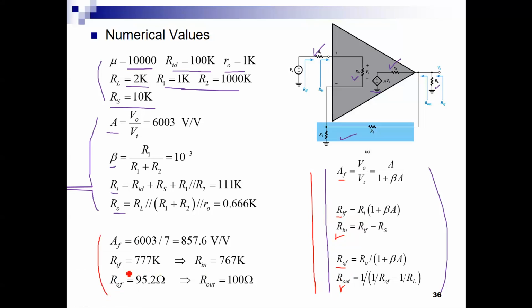Just for example, look how RIF is 10K plus 767. Subtract the 10K from it and you get RN 767.